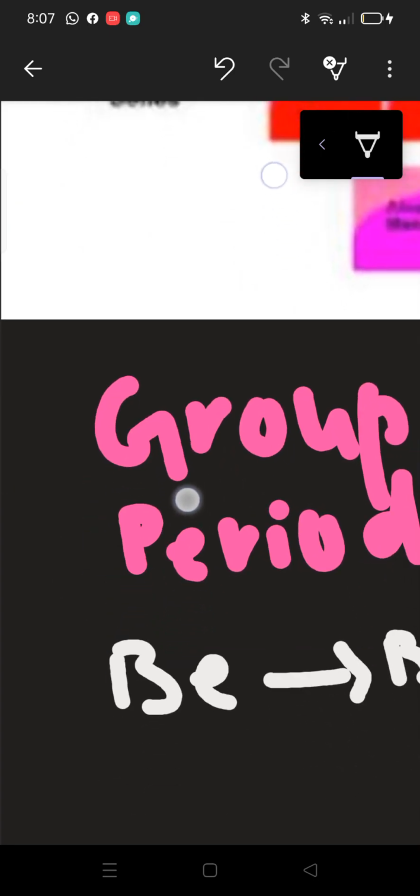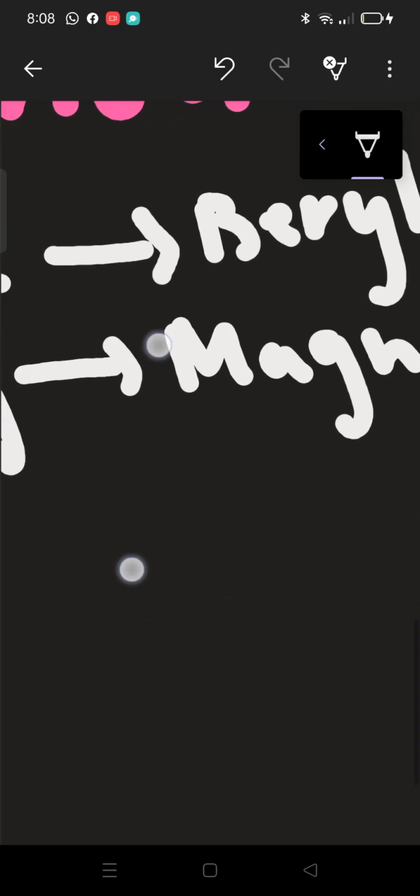So first one we have is beryllium, which is represented with capital B and small e. Beta mange. So now we have Mg, capital M and small g, which is magnesium. Then we have car, which is capital C and small a, the representation of element calcium.